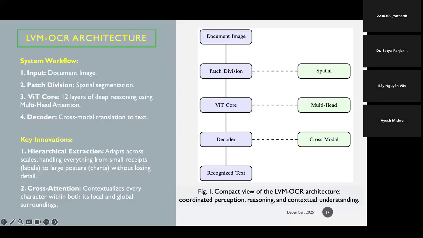To summarize this architecture, think of a thoughtful human reader. It doesn't just stare at one letter. It glances at the whole page first to understand the layout, then zooms in on specific regions, and continuously cross-references the context to make sure it understands exactly what the doctor wrote.